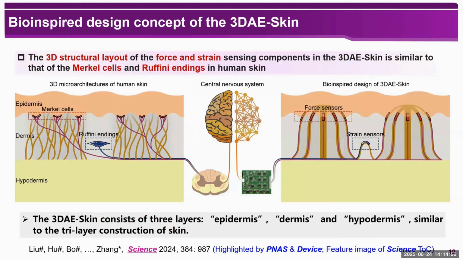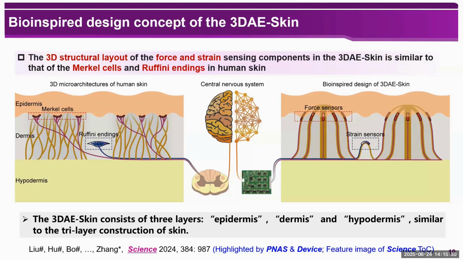So to mimic such human mechanosensation, we propose a bio-inspired design concept of the 3D e-skin device, which also consists of 3 different layers, including the epidermis, dermis, and the hypodermis layers. And more importantly, the force and strain sensing components are distributed in a 3D layout, which mimics those of Merkel cells and Ruffini endings in our human skin. So you can see the force sensors are very close to the skin surface, and the strain sensors are deeper in the dermis layer.